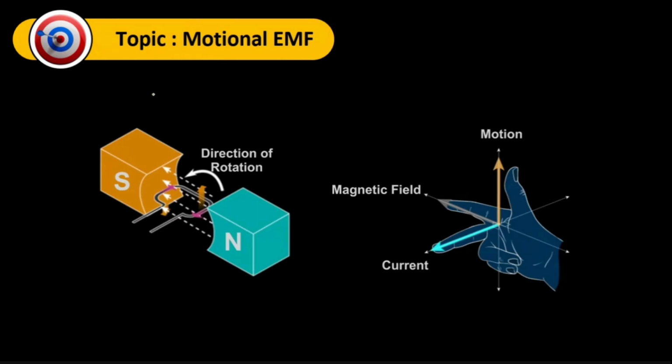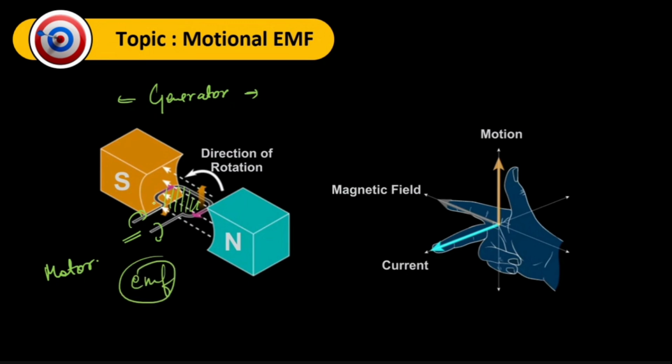In generators also, motional EMF works. The motor is connected to this coil and keeps on rotating it. Because of the rotation, the magnetic field passing through the coil keeps changing its flux. In different orientations, the flux keeps on changing, and when there is a changing flux, there must be some EMF.